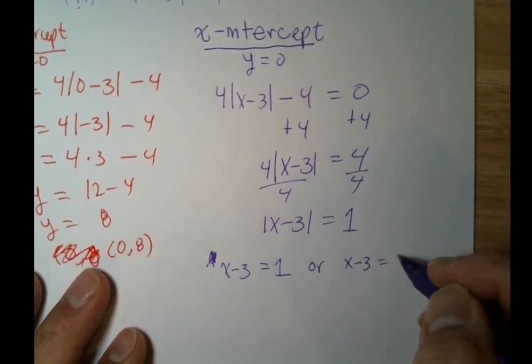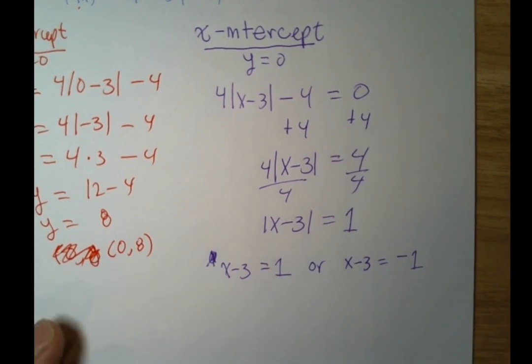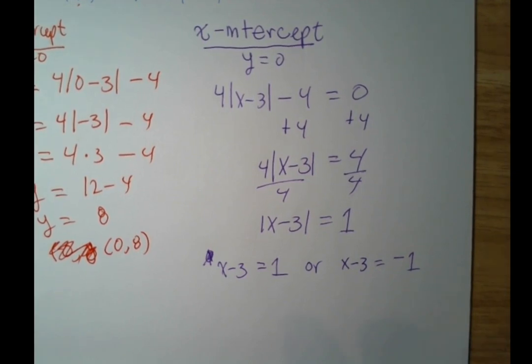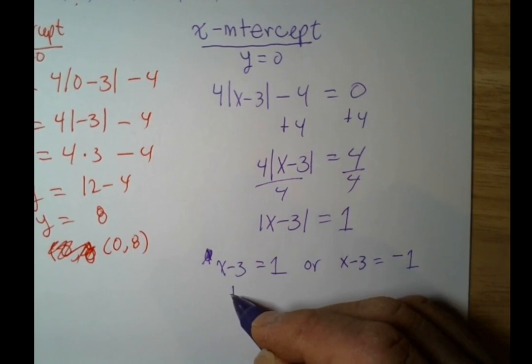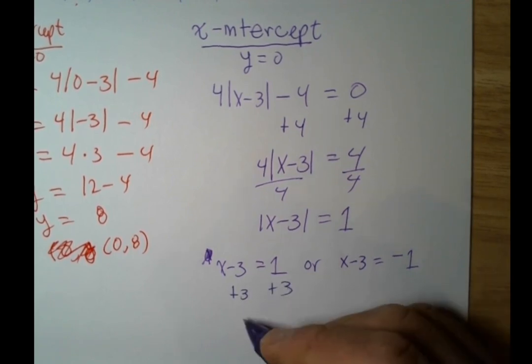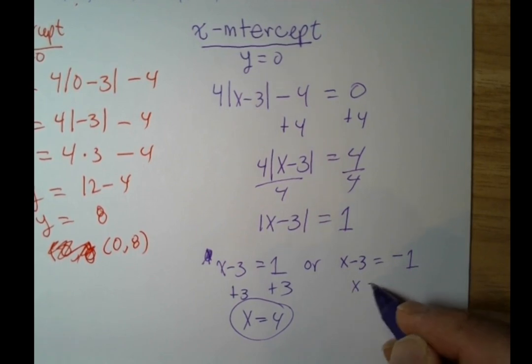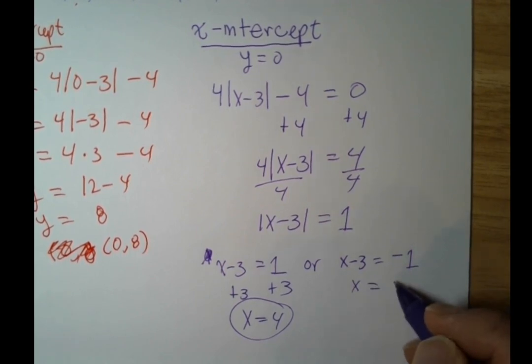Or drop the absolute values and make the number equal to its negative, in this case, -1. Now I have two linear equations I can solve. Add 3 to both sides. X equals 4. X equals, add 3 to both sides, 2.